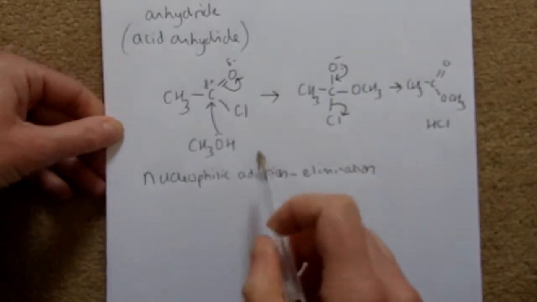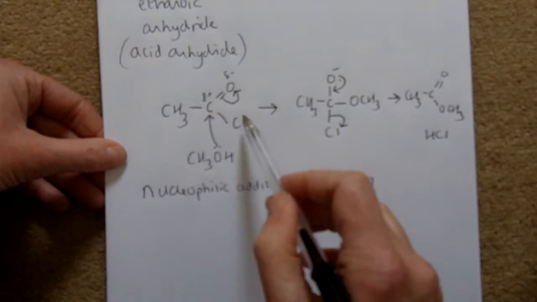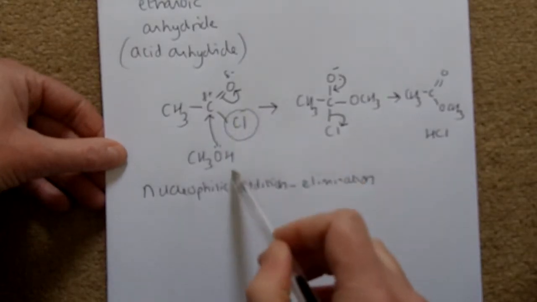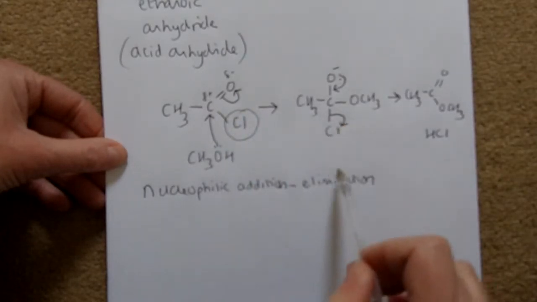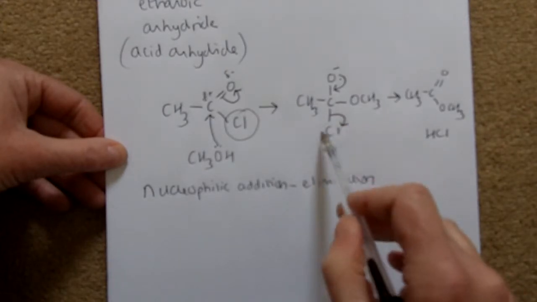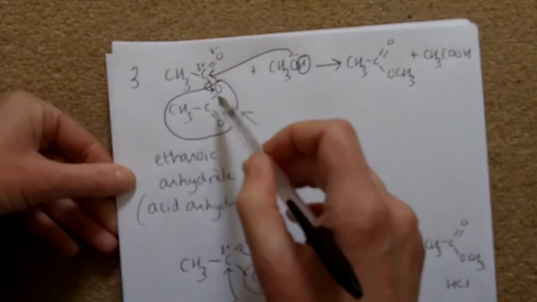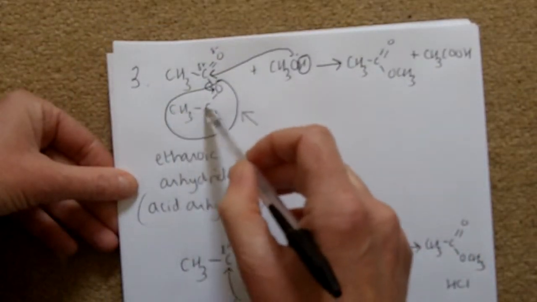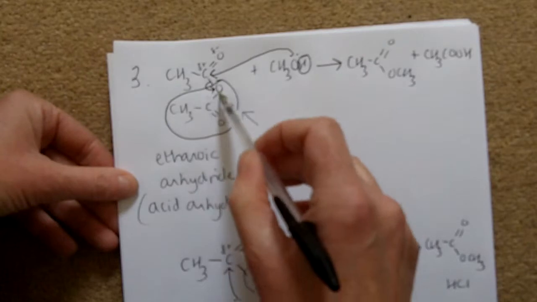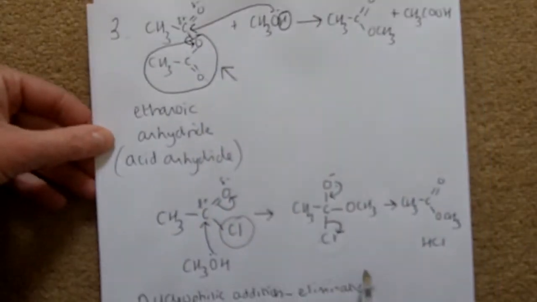Okay, and the acyl chloride is so reactive because the Cl minus is a very good leaving group. If you take the anhydride, the leaving group is the CH3COO minus, and that is a good leaving group, but the chloride is better.